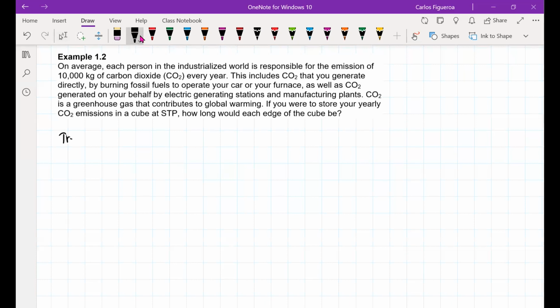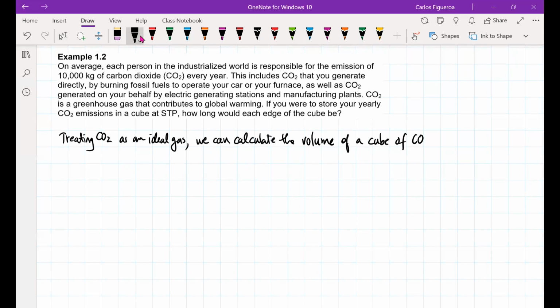So treating CO2 as an ideal gas, we can calculate the volume of a cube of CO2 using the ideal gas law.